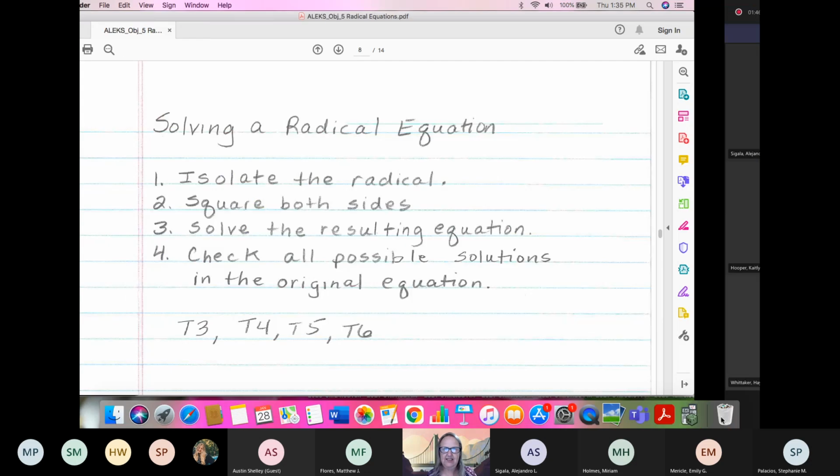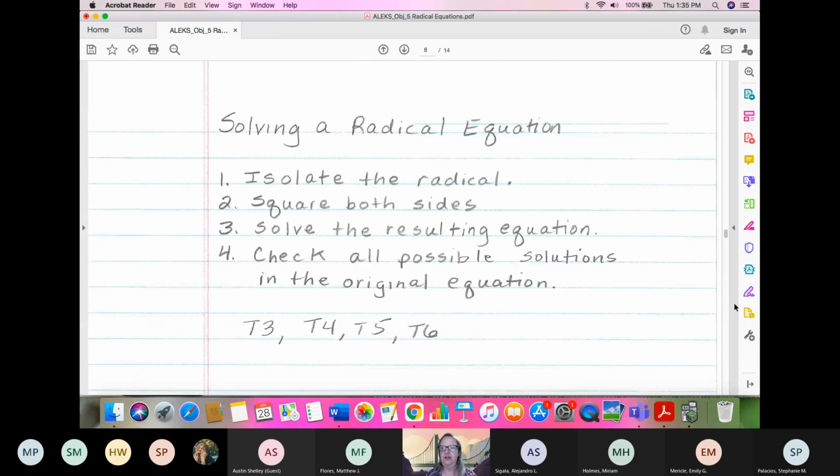And let's take a look at solving a radical equation. This is a little process that you probably want to write down. It's pretty straightforward. Solving a radical equation. We're talking about an equation that has a square root in it. You want to get that radical by itself. How do we undo a square root? We do the opposite.